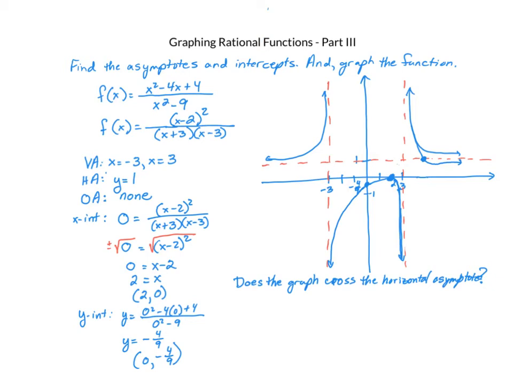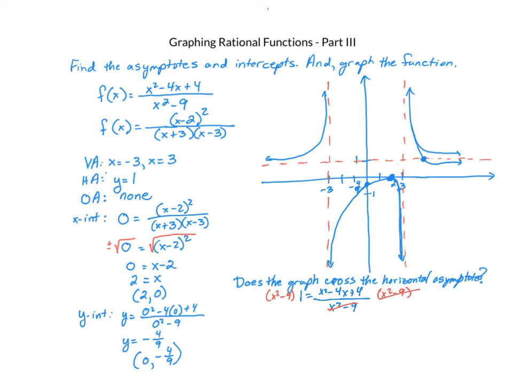Since our horizontal asymptote is at y equals 1, we're going to set the function equal to 1. So I have 1 equals x squared minus 4x plus 4 over x squared minus 9. Let's multiply both sides by x squared minus 9 to solve this equation.